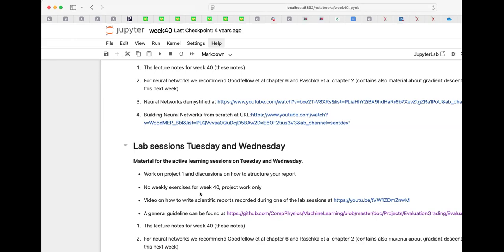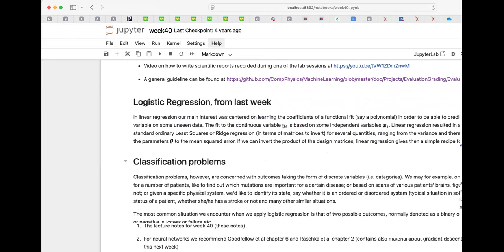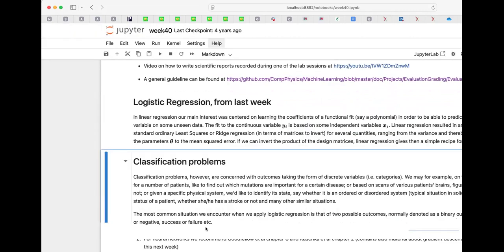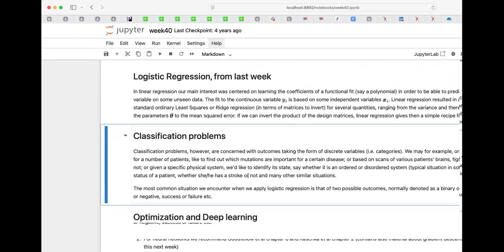Okay, so what I want to do now is roughly to go through things via the whiteboard. You have most of the information online in the Jupyter notebook. So from last week, what we discussed was actually the first case of a classification problem.